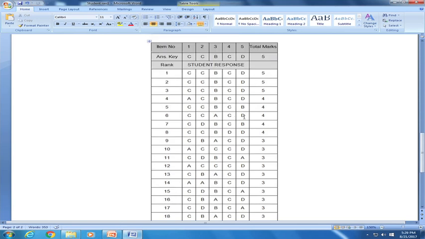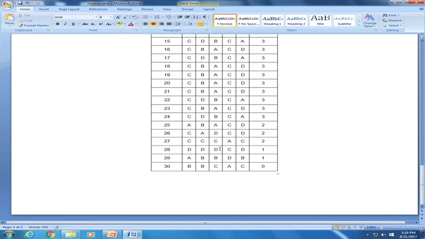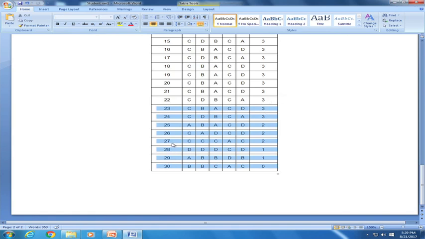So, 27% of 30 students is 8 students in the upper group and 8 students in the lower group. Let us mark them: 1, 2, 3, 4, 5, 6, 7, 8 and 1, 2, 3, 4, 5, 6, 7, 8.